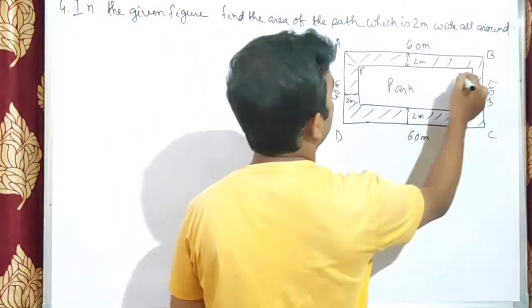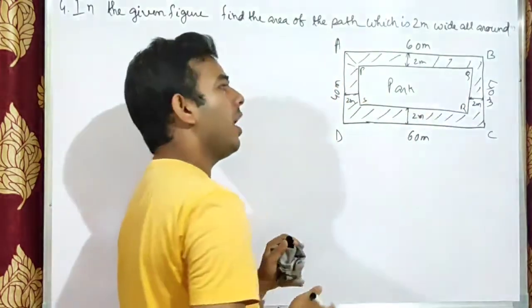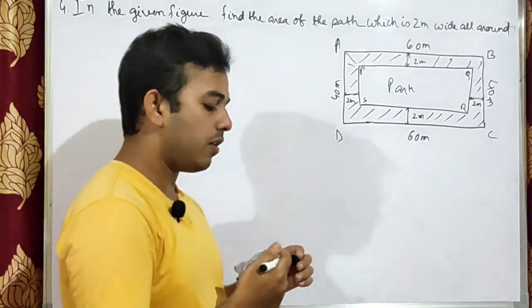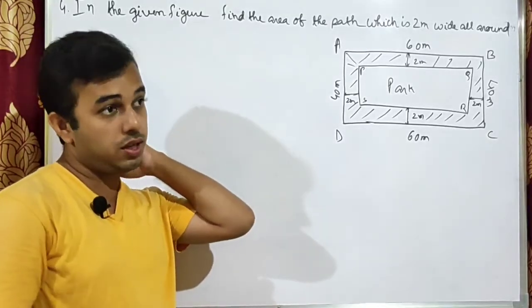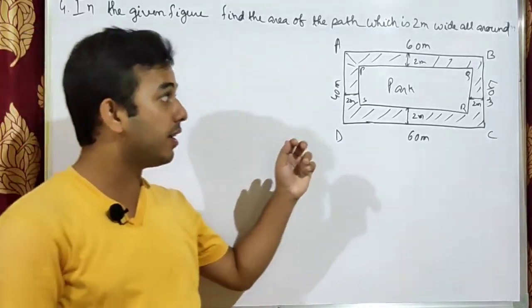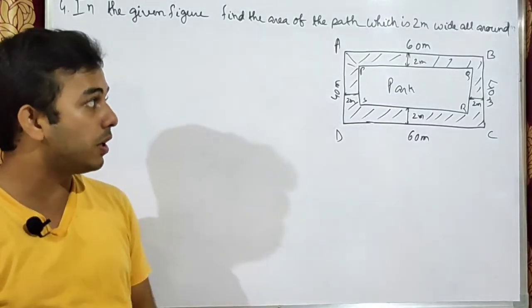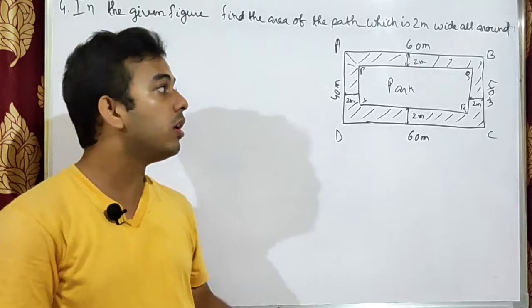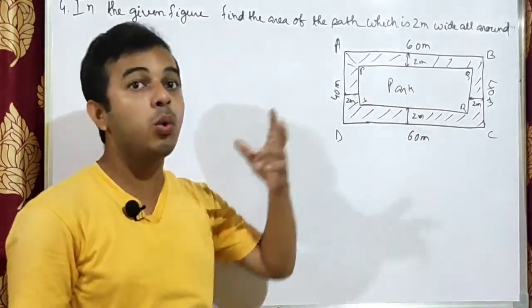And this one is P, Q, R, S. This is another rectangle. Now if we find the area of rectangle ABCD, and then find the area of rectangle PQRS, and then subtract the area of rectangle PQRS from the area of rectangle ABCD, then we can easily find out the area of the path. Why?